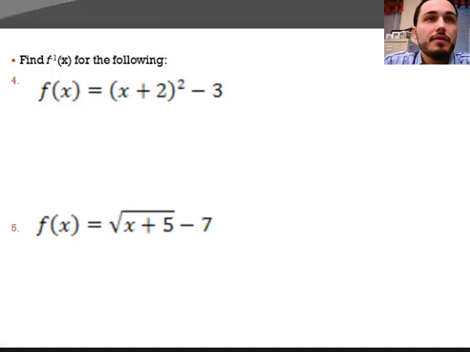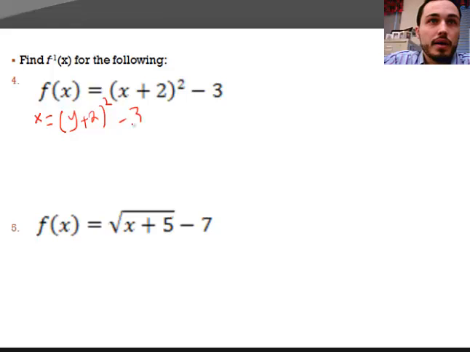Find f inverse of x for the following. So real simple here. It's the exact same steps. x equals (y plus 2) squared minus 3. So add the 3. x plus 3 equals (y plus 2) squared.